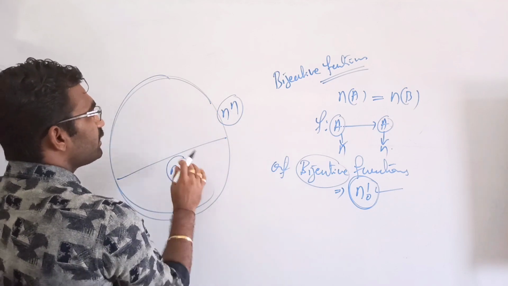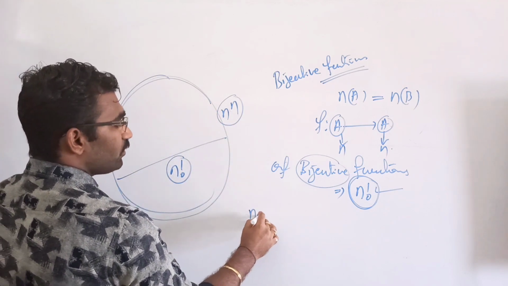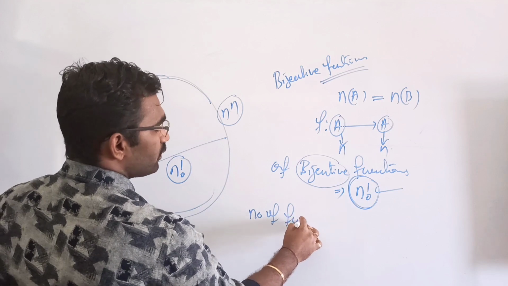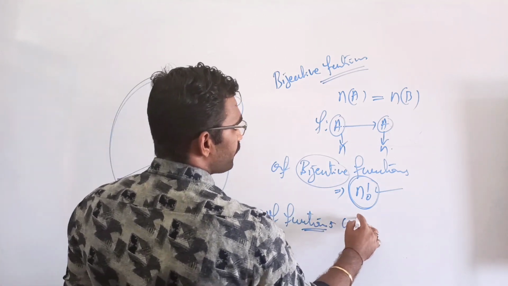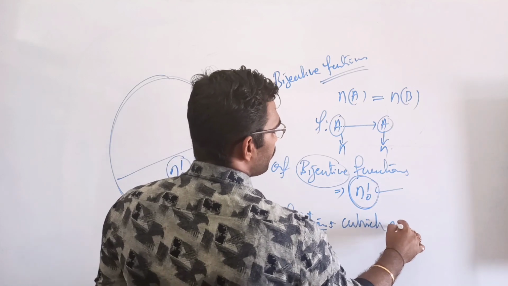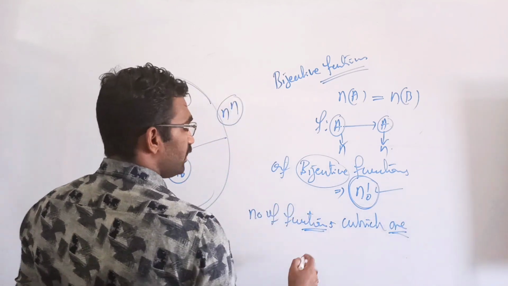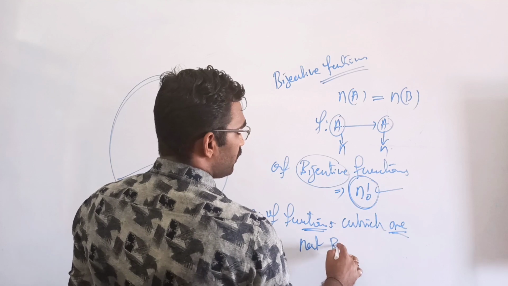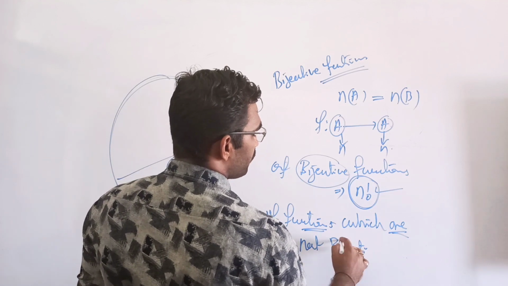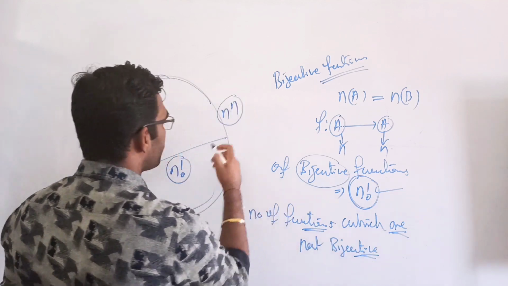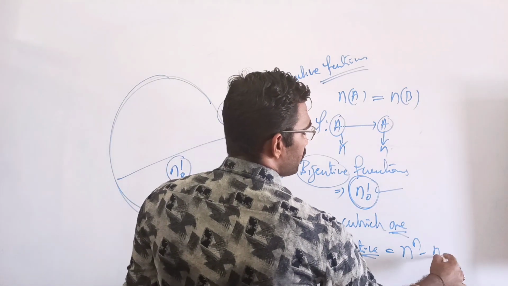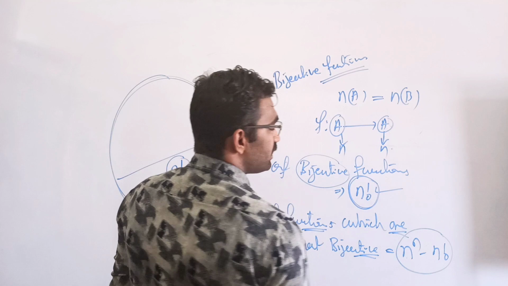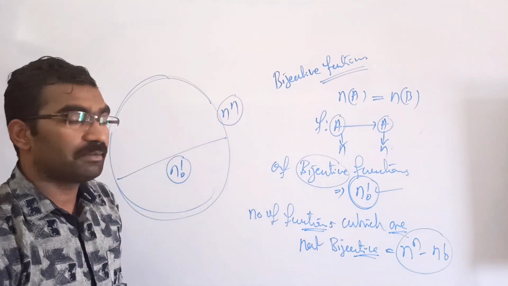The number of functions which are not bijective. Therefore you can write n raised to n minus n factorial. These many functions are not bijective.